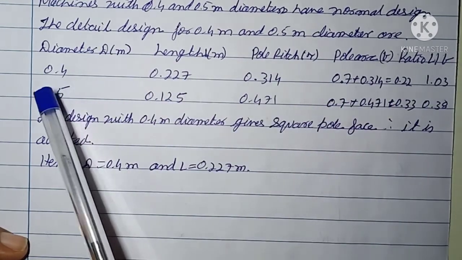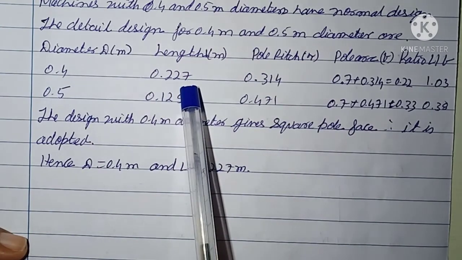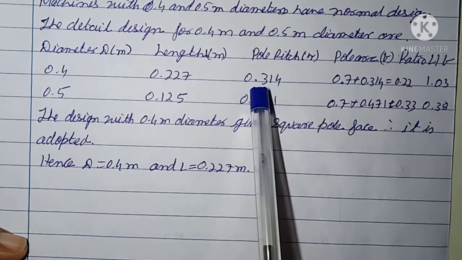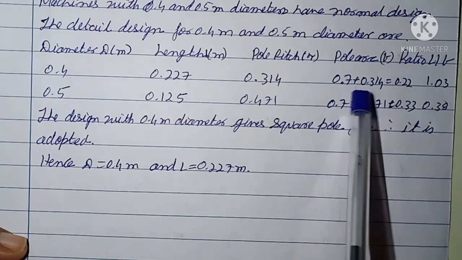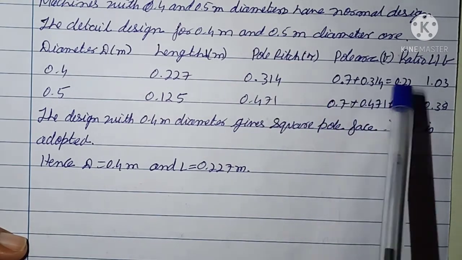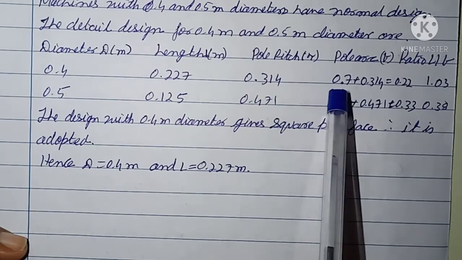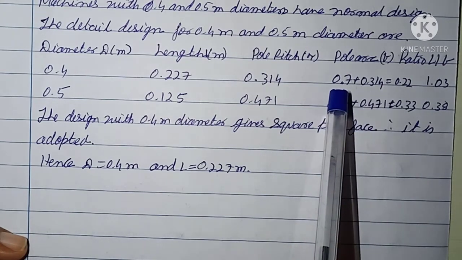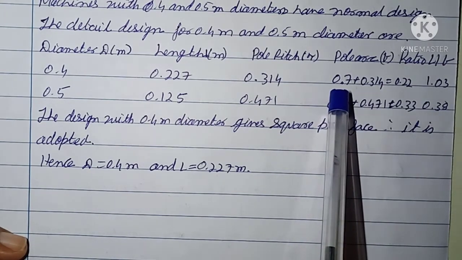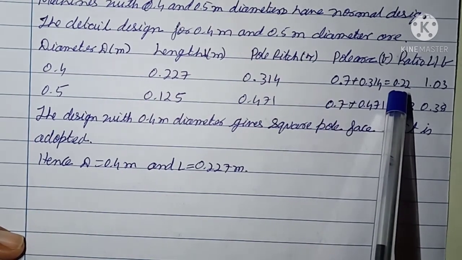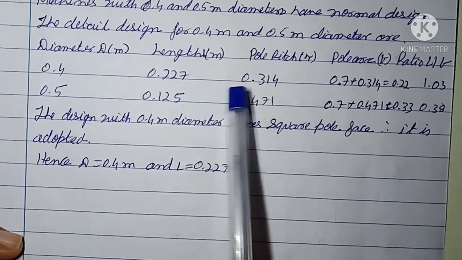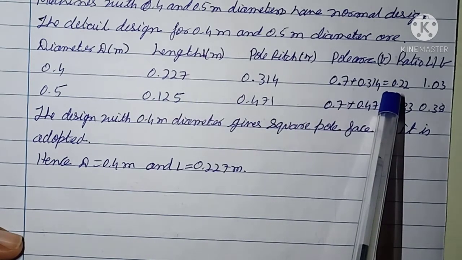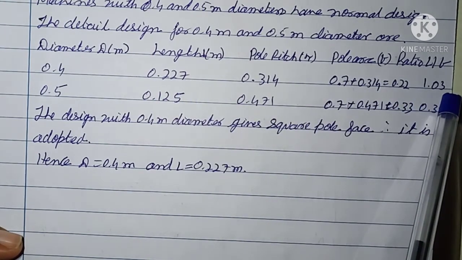For 0.4, the length is 0.227 meter, the pole pitch is 0.314, and the pole arc will be 0.7 into this, so it is 0.22, because they have already given the ratio of pole arc to pole pitch. L by b is 0.227 by 0.22, so 1.03.